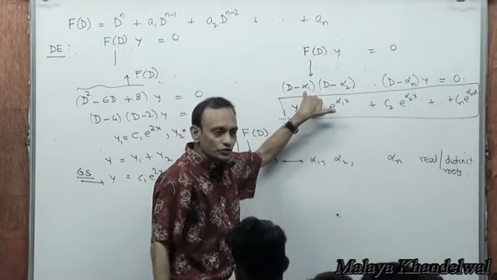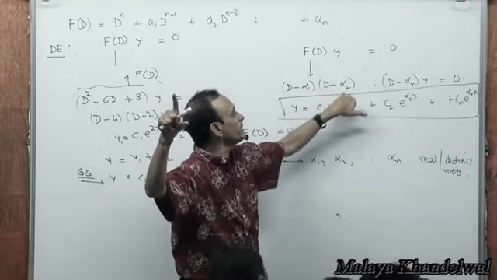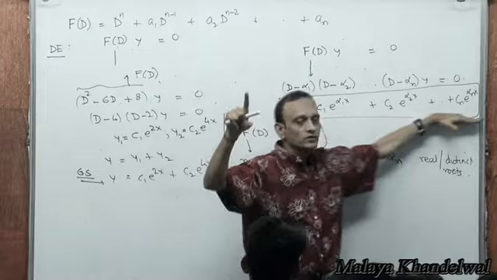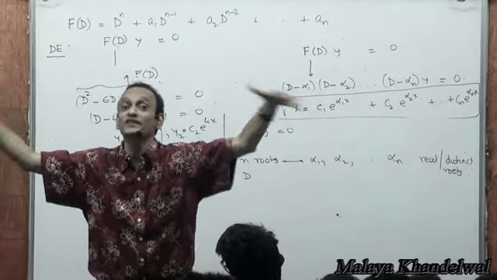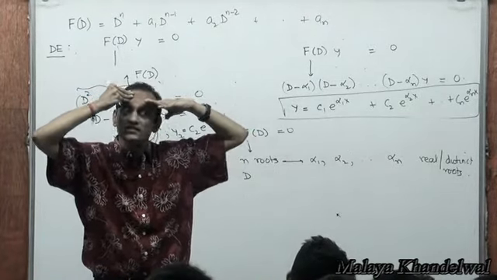The contribution to the solution made by this factor would be C1 e power alpha 1 x. The contribution made by this would be C2 e power alpha 2 x. If y1, y2, yn are all solutions, then y1 plus y2 plus yn will also be a solution to the differential equation. Yes or no? So this gives me the general solution.